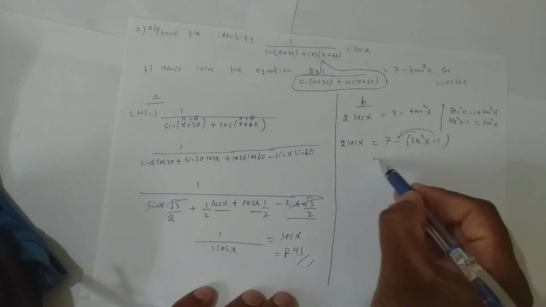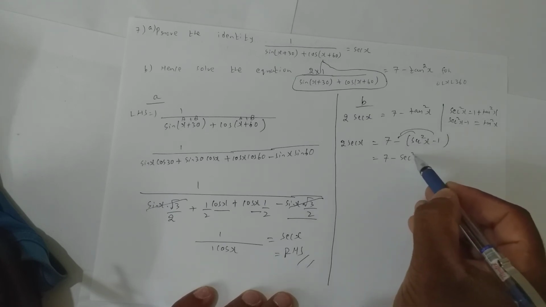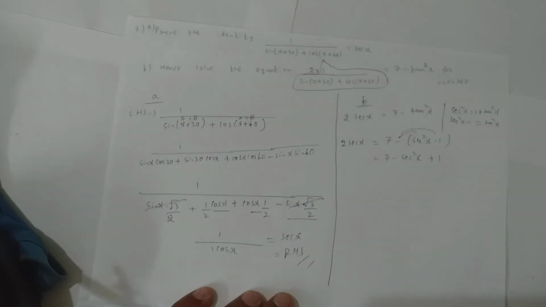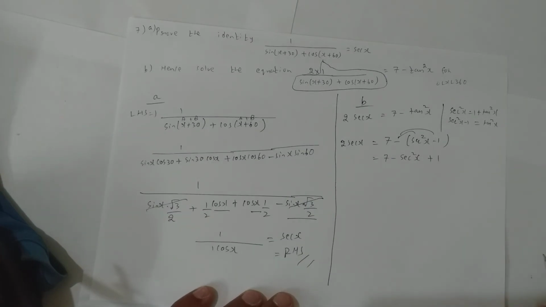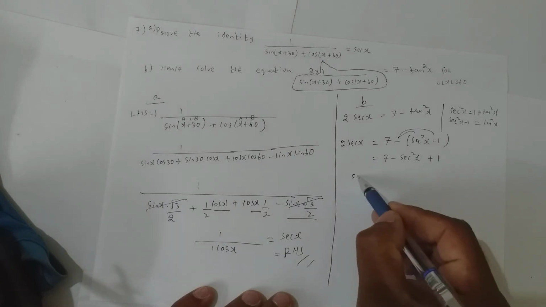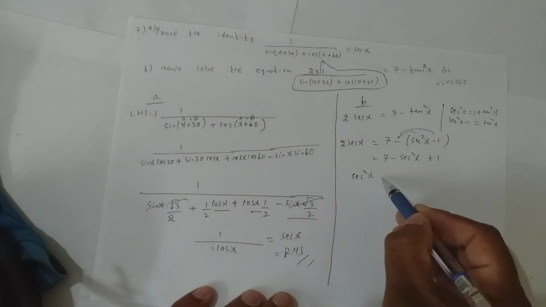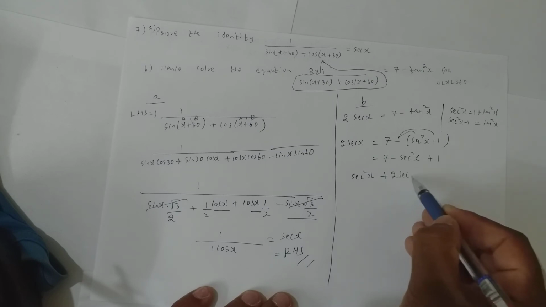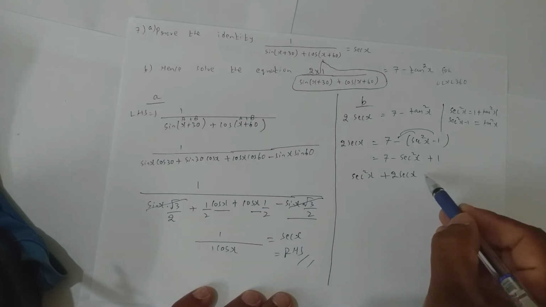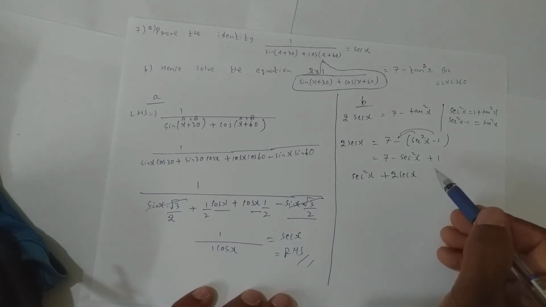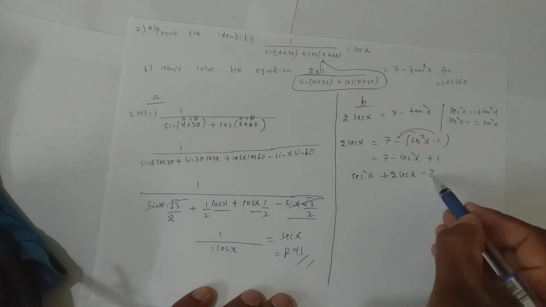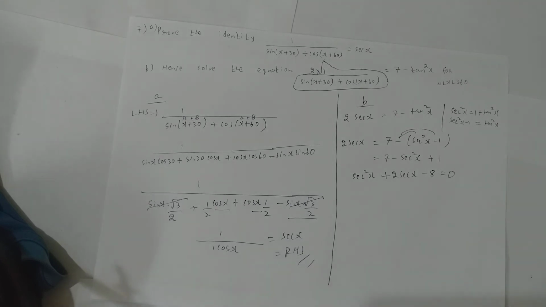Whenever negative sign is there, you need to multiply. So minus secant square x plus 1. So bring all to one side, it becomes a quadratic equation. So what do I get? Secant square x plus 2 secant x, 7 plus 1 is 8. 8 comes this side, minus 8 equal to 0.